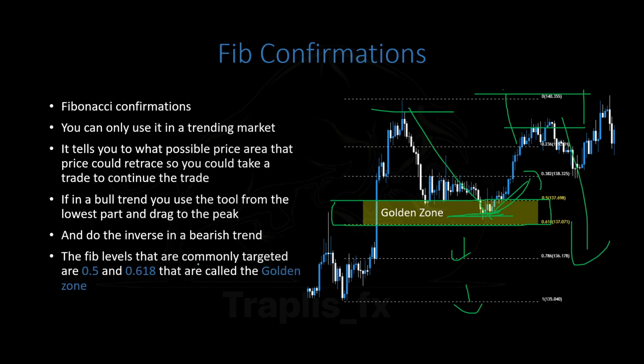Fib levels commonly targeted are the 0.5 and the 0.618, which is called the golden zone. And that's pretty much it for entry confirmations. Like I said, it's just basic price action, some other things that you could use to get the confirmations or the confluence for you to take the trade.